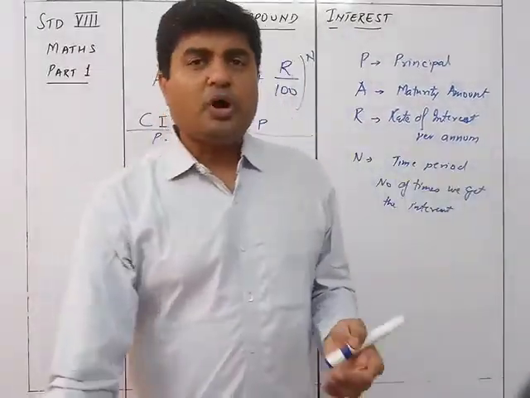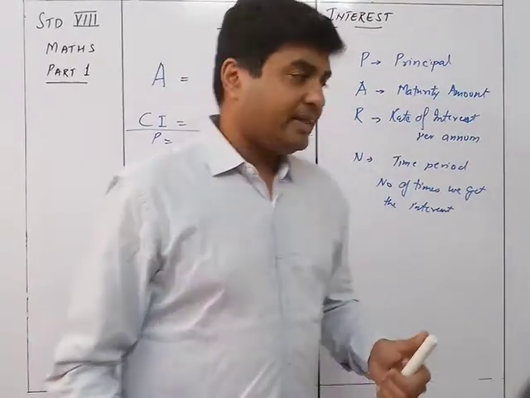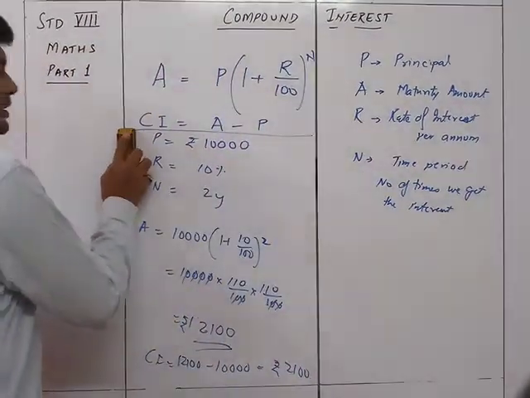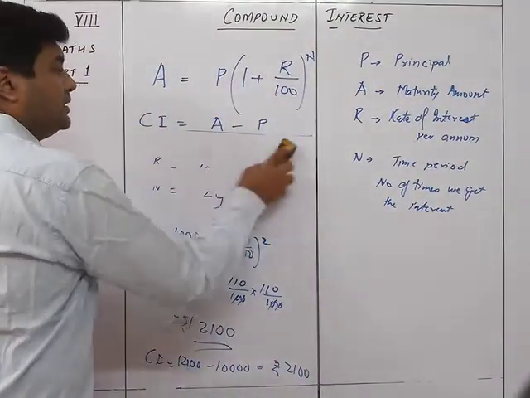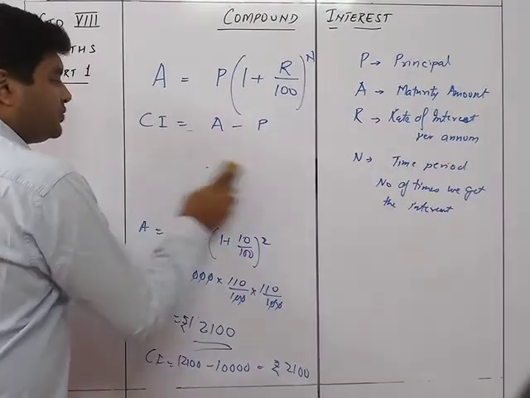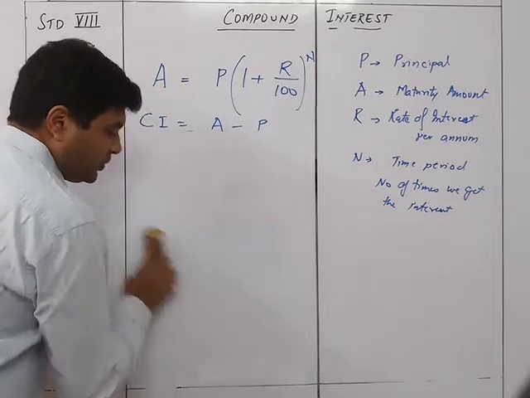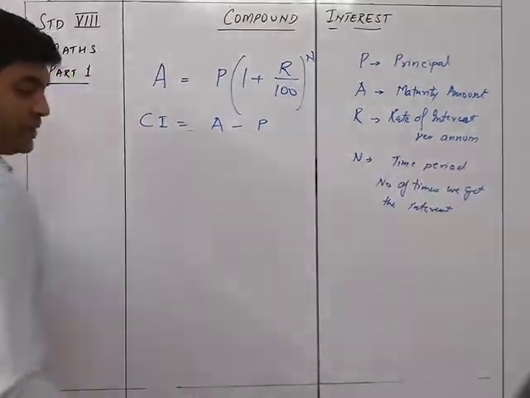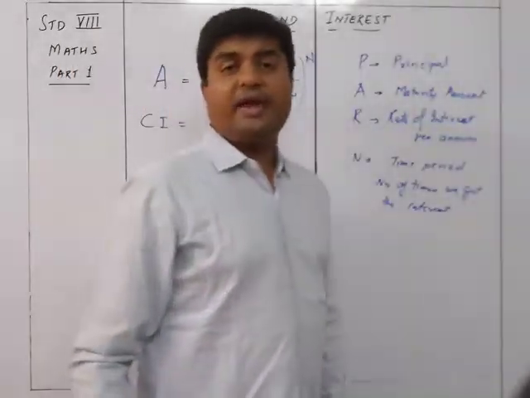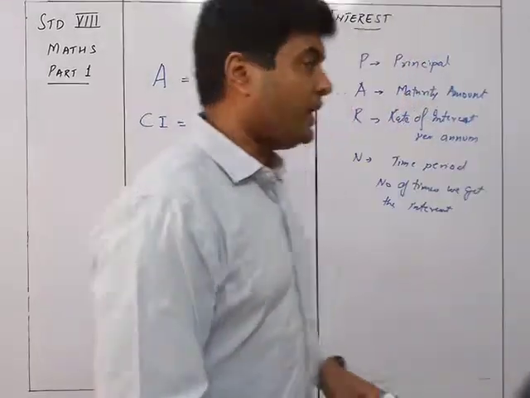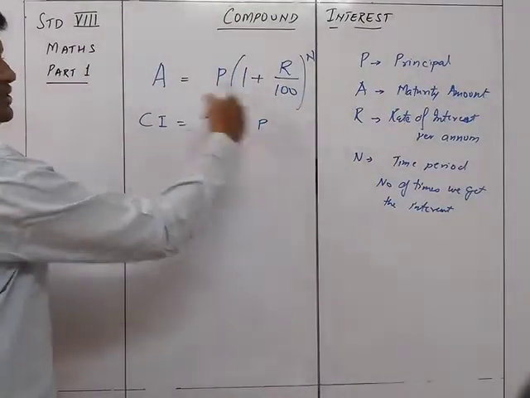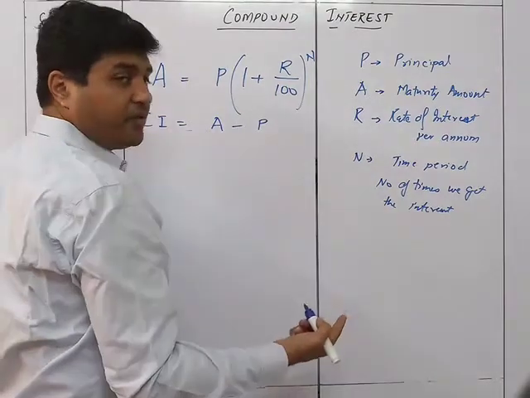But there is one small thing which is going to be added over here, and that is, suppose the interest I am going to get is not going to be given to me yearly, but it is going to be given to me every 6 months or every 3 months. So this formula is for where n will be equal to the number of years.